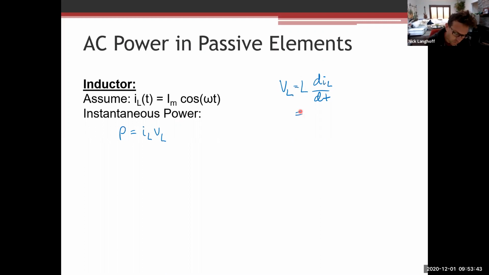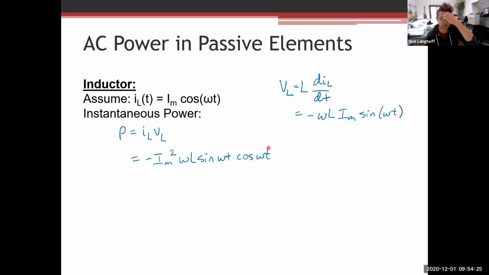And so that is equal to, if we plug in the value of the sinusoid, minus omega L times Imax times the sine of omega t. Now plugging that value in for VL and plugging in IL as the sinusoid here, we get a negative Imax squared times omega times L times the sine of omega t times the cosine of omega t.